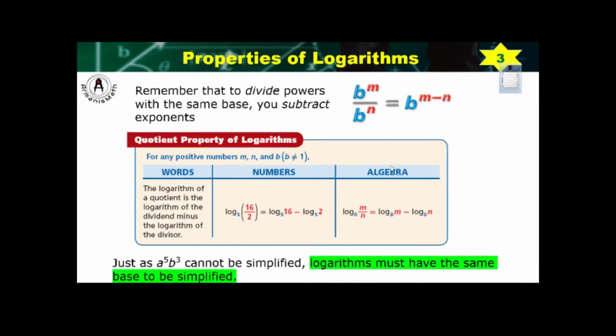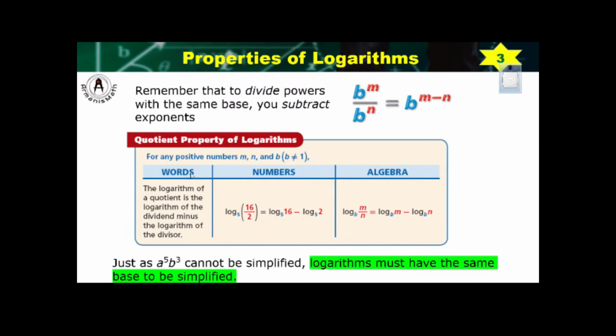A second property says that you could go from division to subtraction, or vice versa, subtraction to division. And they're trying to have you think about exponentials as well. So for example, if I said b to the m power divided by b, same base, to the nth power, well, what you do is just subtract the powers because you have the same base, b to the m minus n.